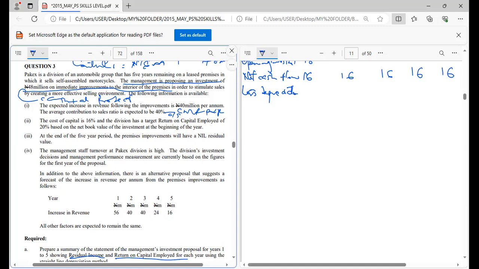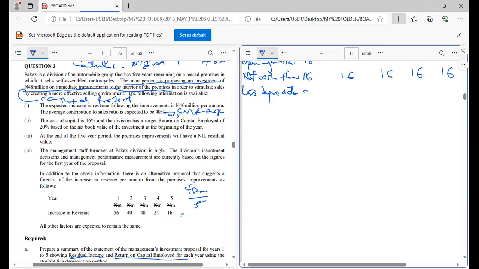Since it is on a straight line, for the first year we have 48 million divided by 5. Am I right? Yes. 48 million divided by 5 gives us 9.6 million. So I come here and say 9.6.